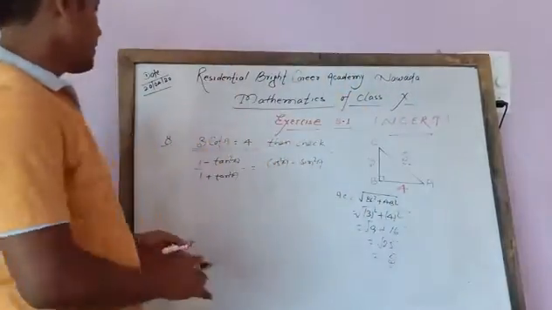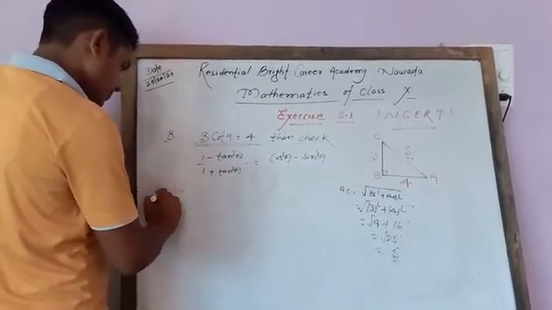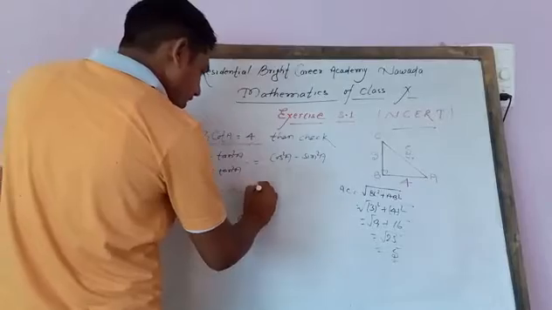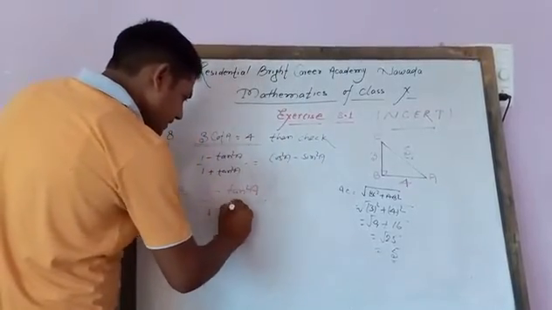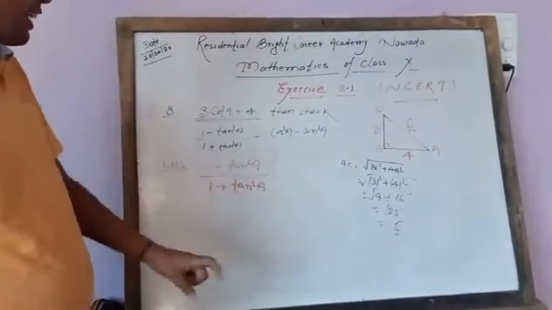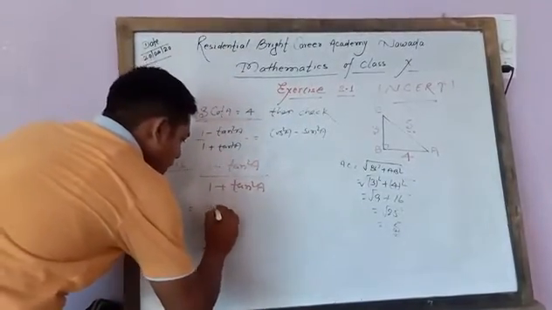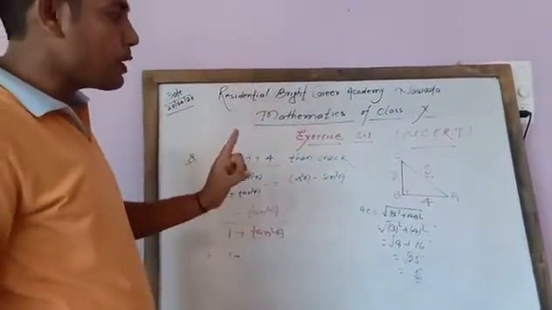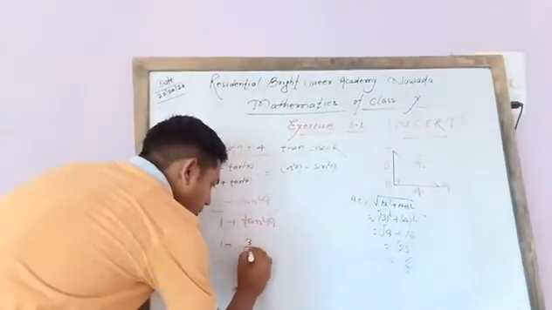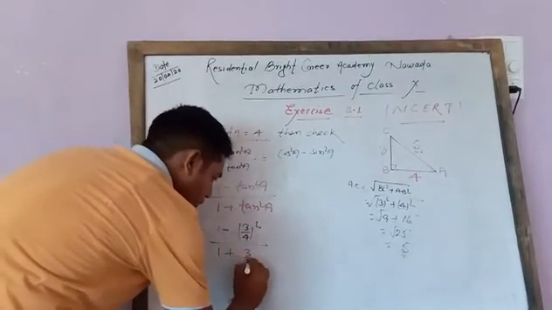Now in LHS, it is given 1 minus tan square A upon 1 plus tan square A. At first we have to find the value of tan A and put this value in this expression. Tan theta is equal to P by B. It means 3 upon 4 squared.